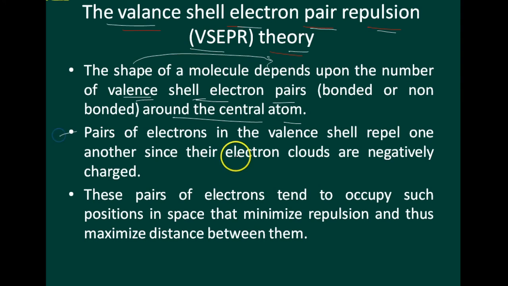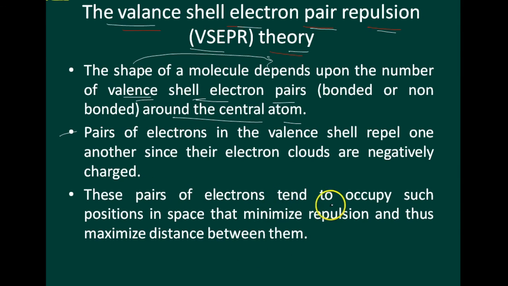Then pairs of electrons in the valence shell repel one another since their electron clouds are negatively charged. We know that like charges repel each other, so they are repelling because all the electrons have negative charge. Next, these pairs of electrons tend to occupy such positions in space that minimize repulsion and thus maximize the distance between them.